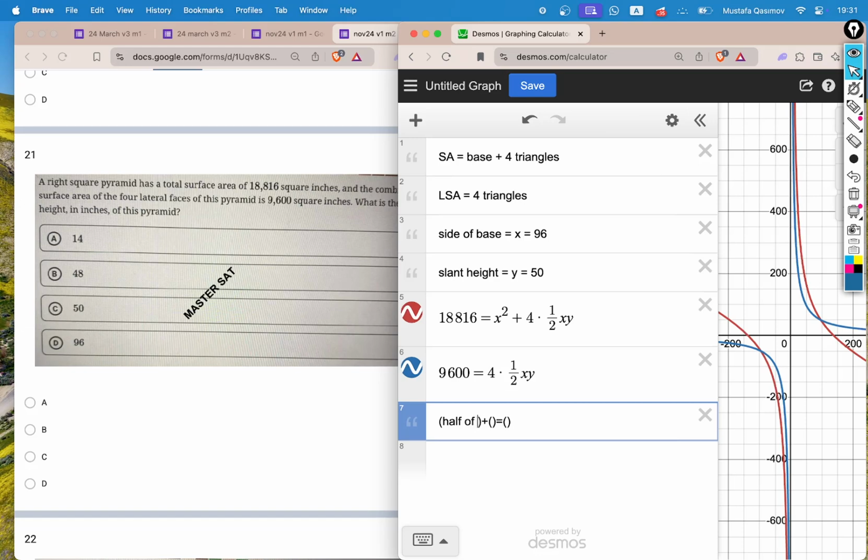Half of side of base square plus height of pyramid square, and it is equal to slant height square.